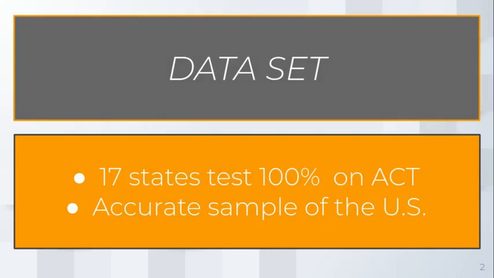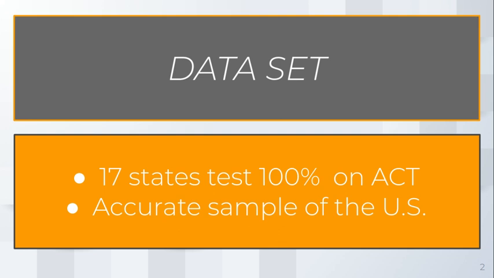So for the data set, I decided to look at national ACT scores, and I had never really paid attention to how many states tested in the ACT. I had heard that the East Coast didn't test much and so on. What I discovered was that truly there aren't many on the East Coast that use the ACT.